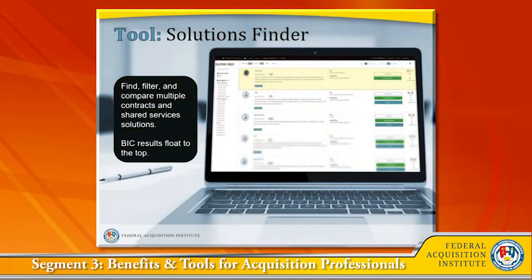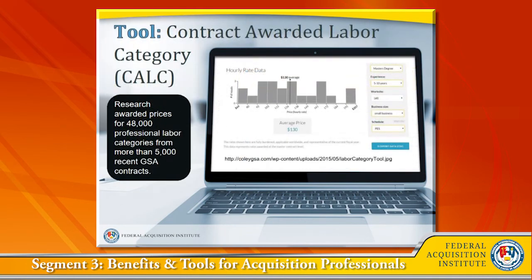Sure. We've already looked at Solutions Finder, but here it is again. Looking under Conduct Market Research here on the Gateway, you'll also find the CALC tool. The Contract Awarded Labor Category, or CALC tool, allows contracting officers and specialists to conduct research and price analysis for professional labor categories across a database of contract awarded prices for over 48,000 labor categories from more than 5,000 recent GSA contracts.